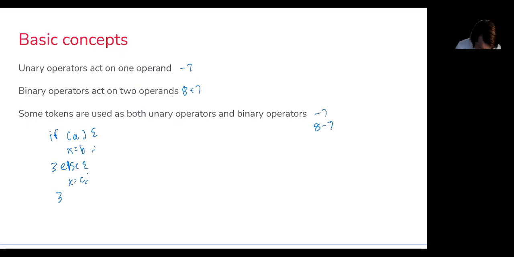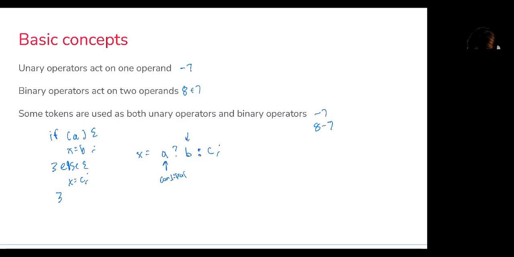If we write something like X is equal to A question mark B colon C, this is the ternary operator, also known as the conditional operator in C++. It has essentially three components to it. The first is going to be the conditional that is going to be analyzed.